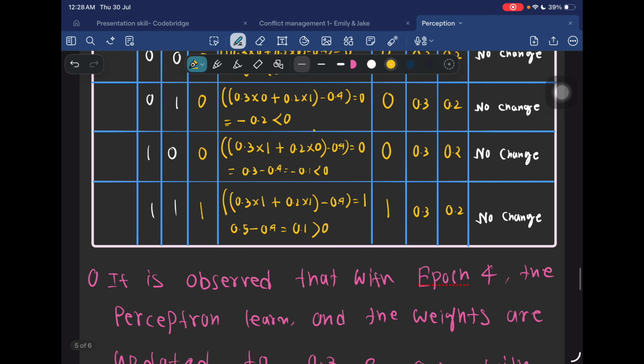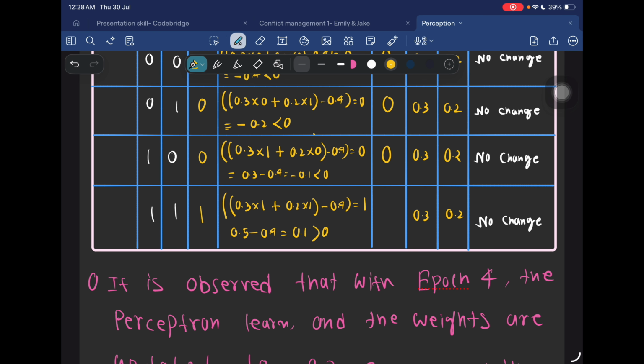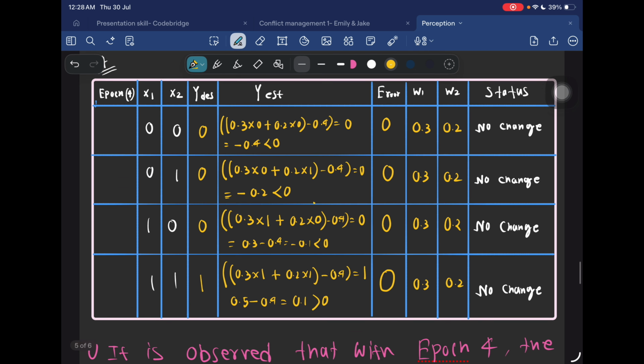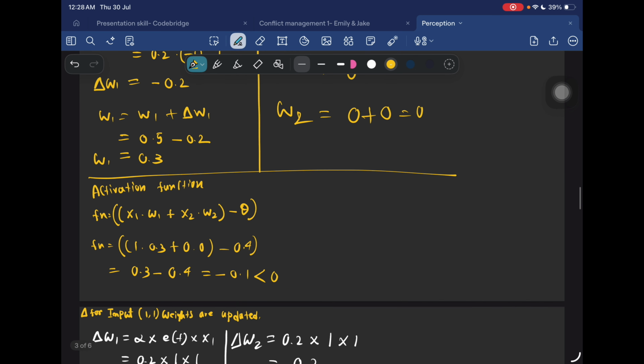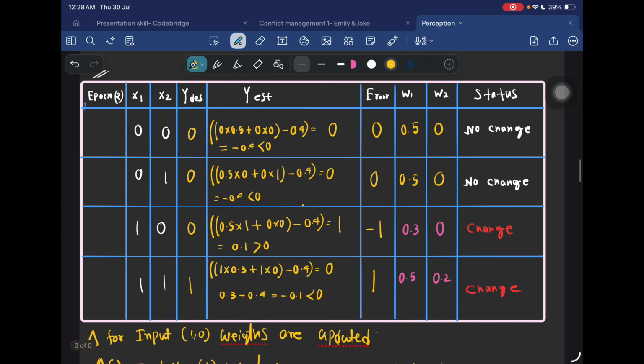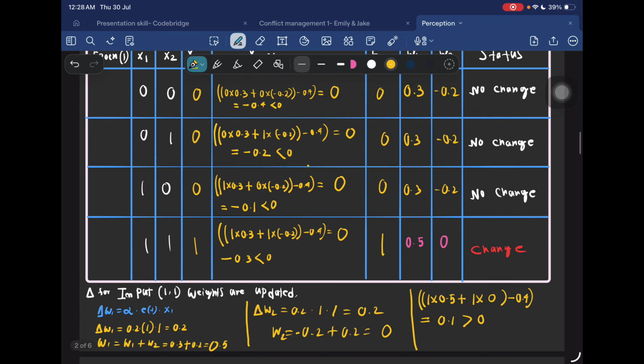And one change here: this also becomes 0. Okay, nothing else to change, all are right. So this is all about the video.